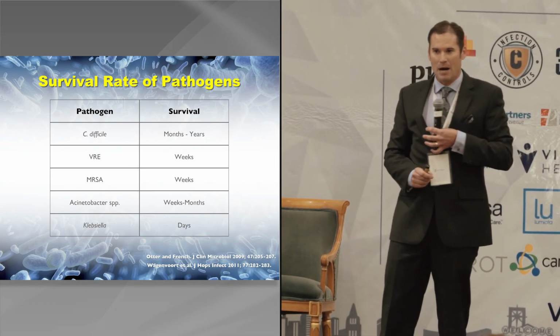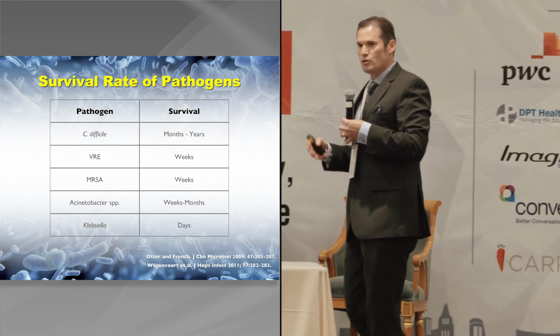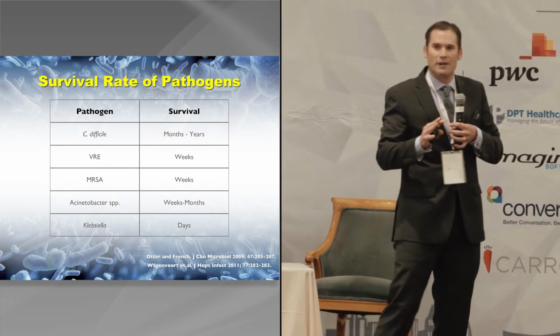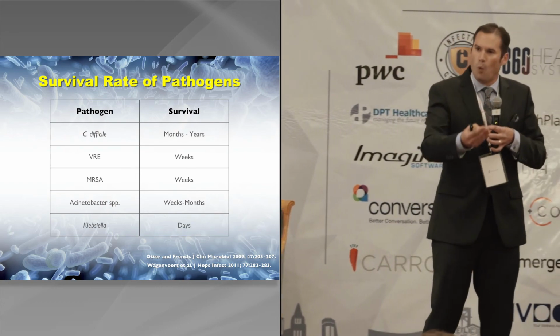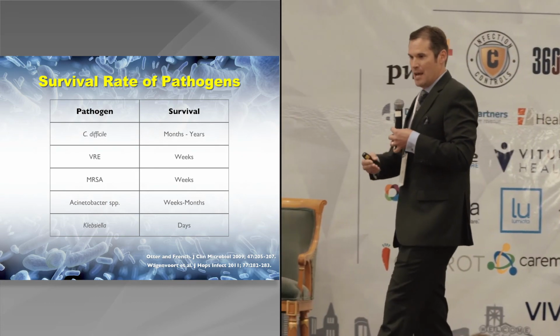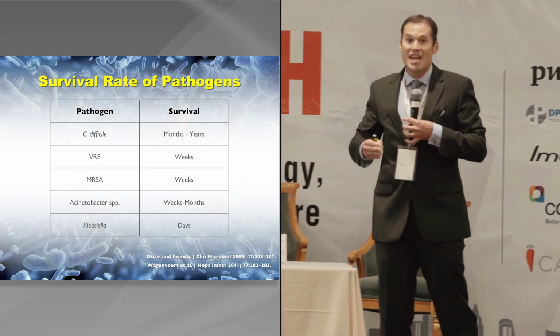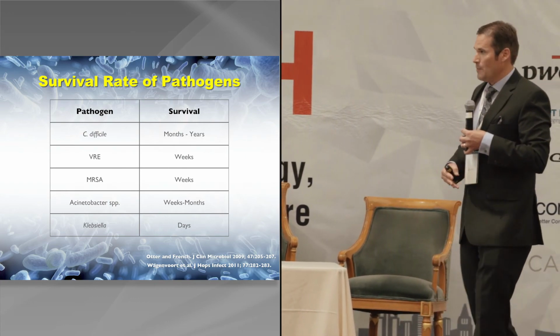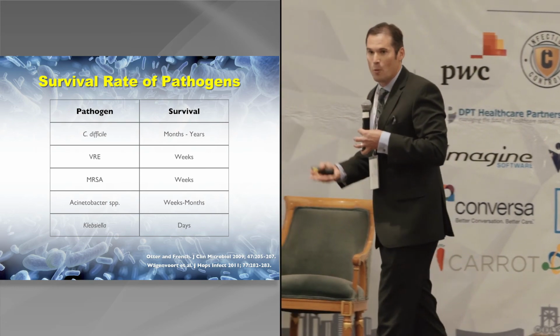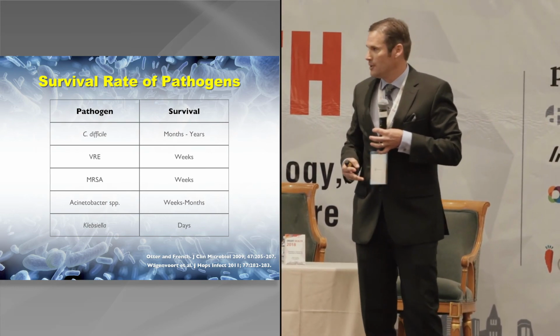species underneath that biofilm. If you look at the longevity of some of these organisms, C. diff is a little different in that it forms what we call an endospore. This spore is highly resistant to most disinfectants, and studies have shown it could live up to years in a room. Looking at some of the other ones, VRE and MRSA, you're looking at weeks. Acinetobacter, weeks to months.